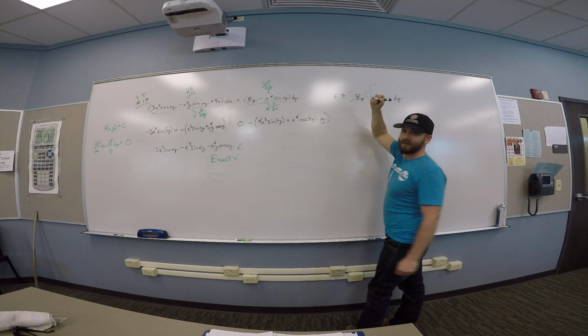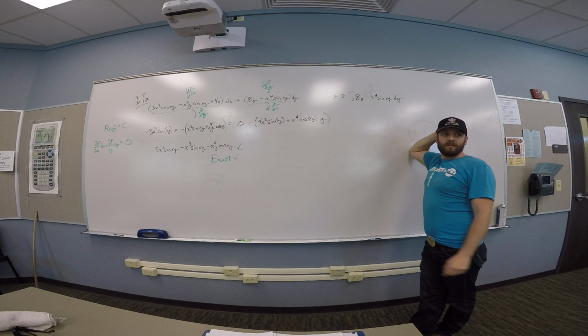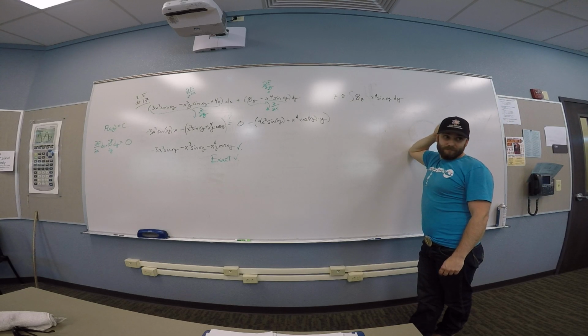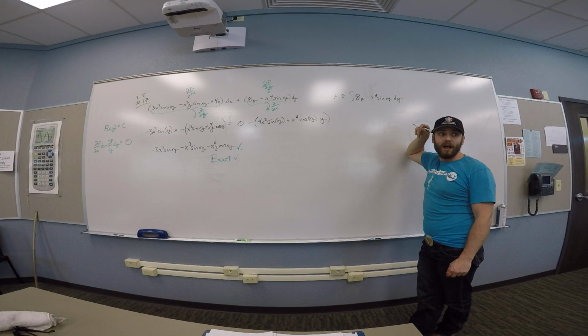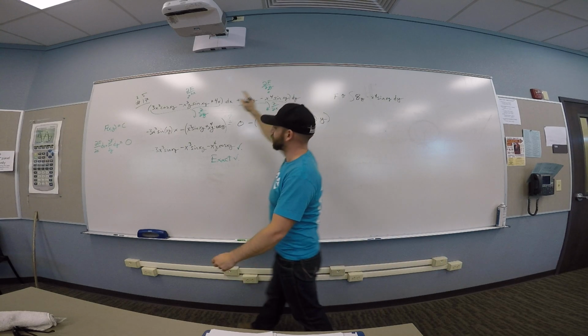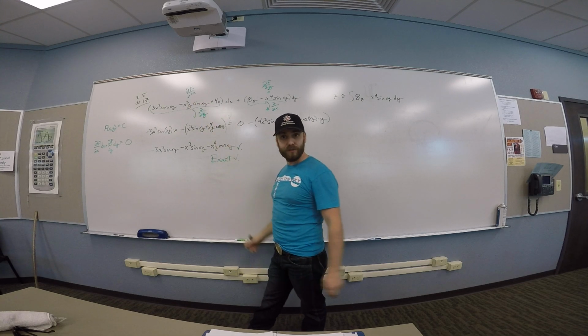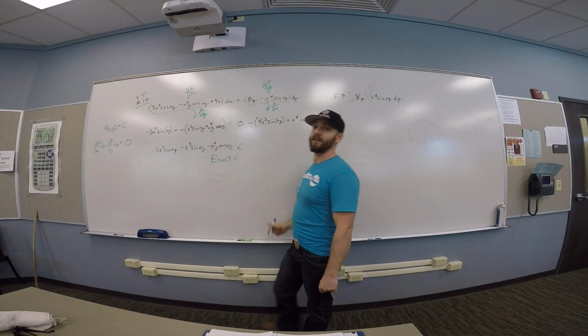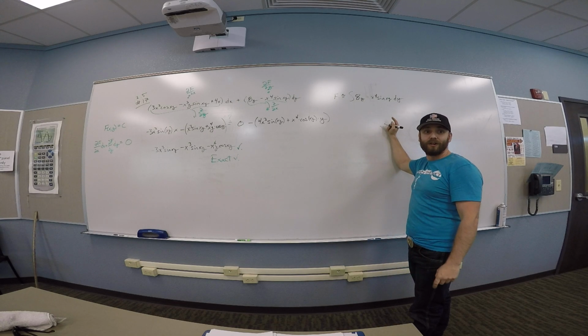Well, because they're exact, they're exactly the same thing, so I'm going to do the one that's easier? Yeah. Exactness tells you that there is some function capital F that you differentiated with respect to y to get this and with respect to x to get that. You could pick either of these to anti-differentiate. Because this one looks so much easier and the other one looks so terrible, I'm going to pick this one.